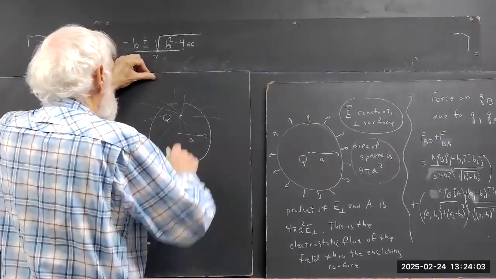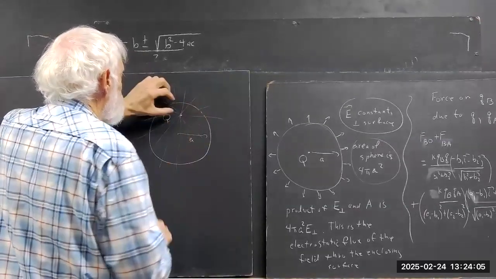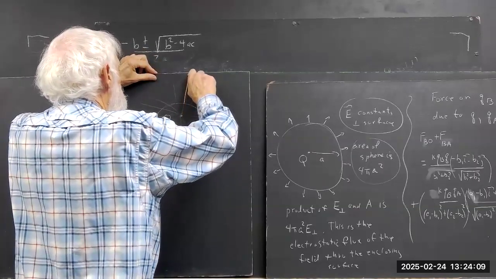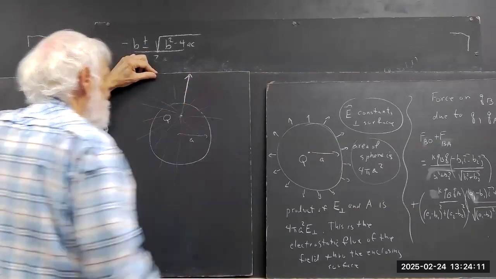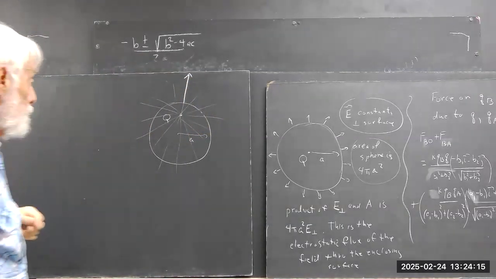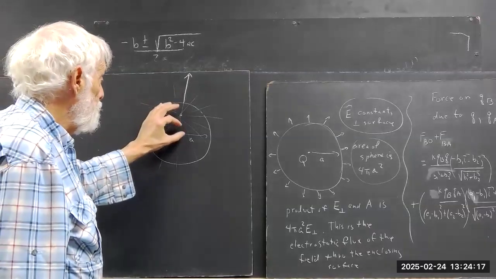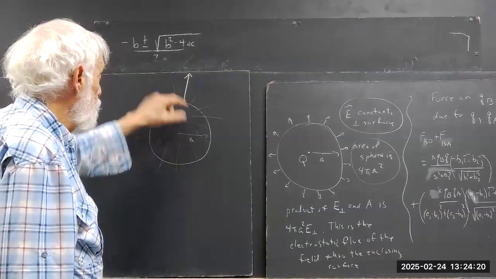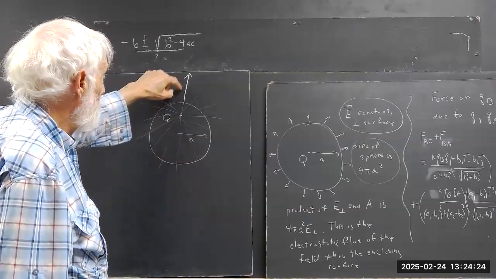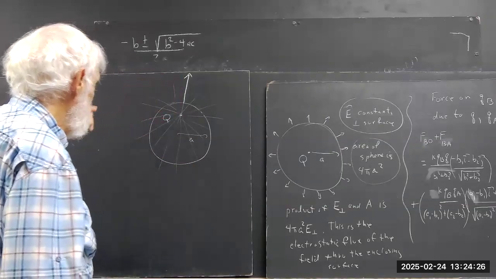The closest point on the sphere is here. We have a pretty big electric field here, compared to the others. Now this point is about 4 times further from the charge.